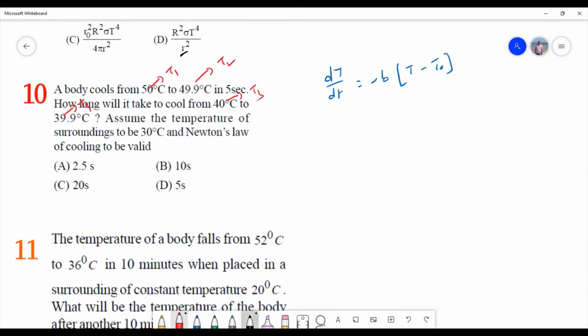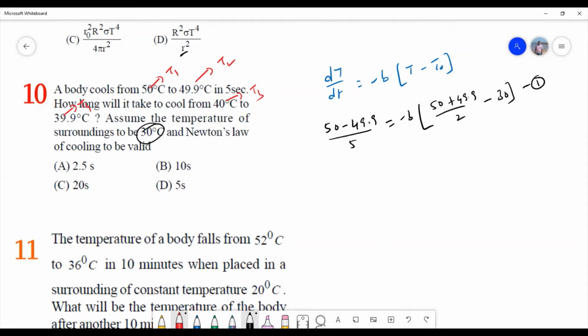So for the first one, what is the change of temperature? 50 minus 49.9, whole upon time, 5 seconds, is equal to minus b into, you take the average, so (50 plus 49.9) by 2 minus the surrounding temperature given as 30.